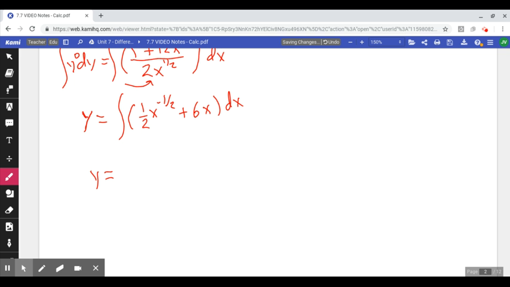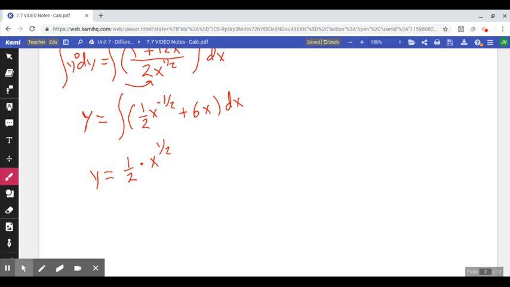If we use our power rule in reverse, we're going to do 1 half. And then we're going to add 1 to the exponent of x, which is negative 1 half plus 1 is a half. And then we're going to divide by that new exponent. So if we divide by that new exponent, that's the same as multiplying by 2.